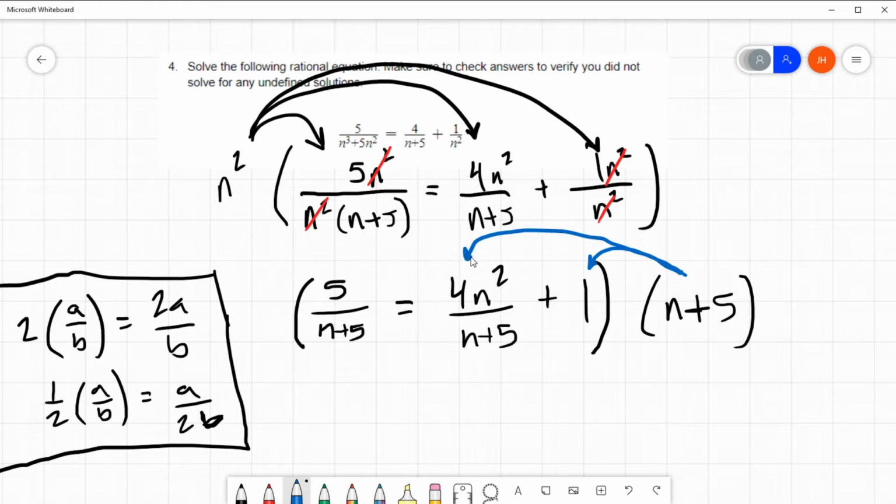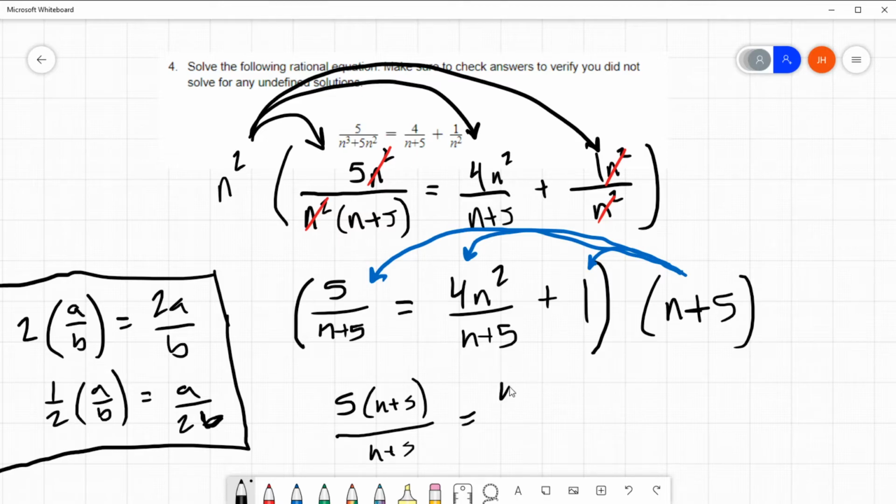So if I multiply everything by n plus 5, then we will end up with 5 times n plus 5 over n plus 5 equals 4n squared times n plus 5 over n plus 5, and then plus 1 times n plus 5, which we could just call n plus 5, right?